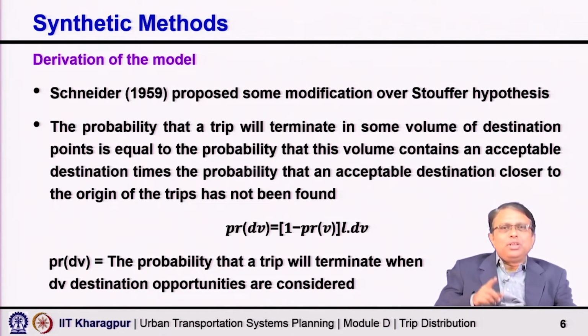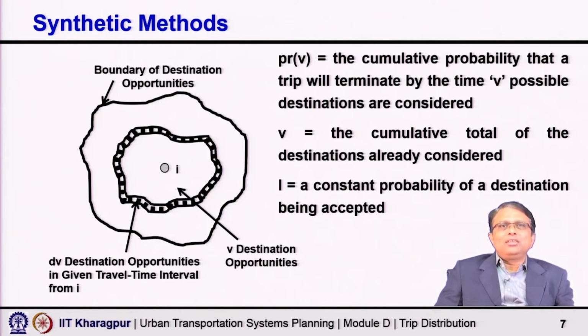So, probability of dV is what? First, it is the probability that a trip will terminate when dV destination opportunities are considered, and probability of V is the cumulative probability that a trip will terminate by the time V such rings or V such possible destinations are considered in order of distance or time.